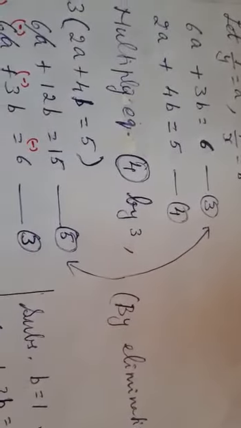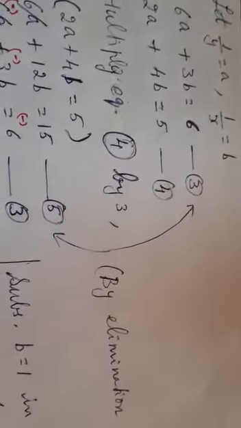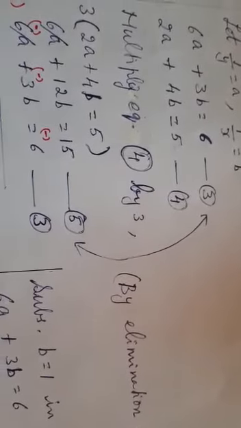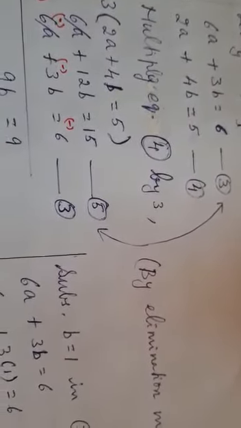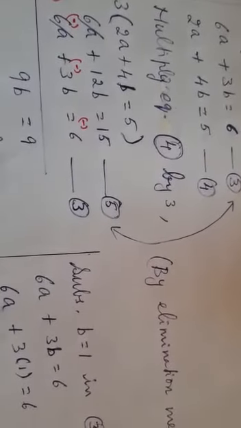Here, let us assume 1/y to be a and 1/x to be b. So the equations become 6a + 3b = 6, 2a + 4b = 5.